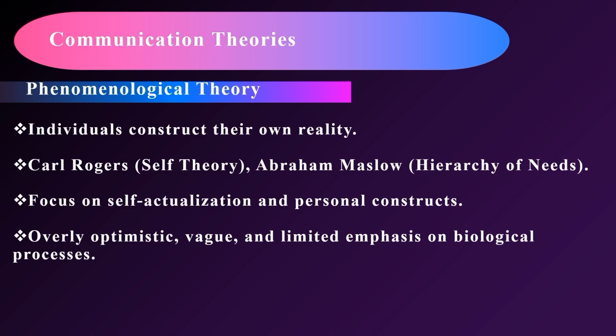Carl Rogers' self-theory emphasized self-actualization, which he described as the innate tendency toward growth that motivates all human behavior. Abraham Maslow, a humanist psychologist, believed that self-actualization is not just a human capacity but a human need.